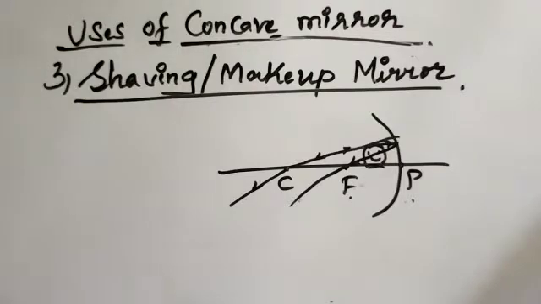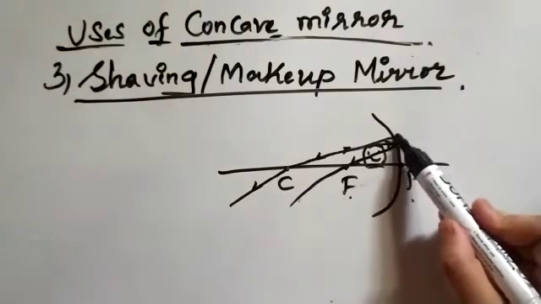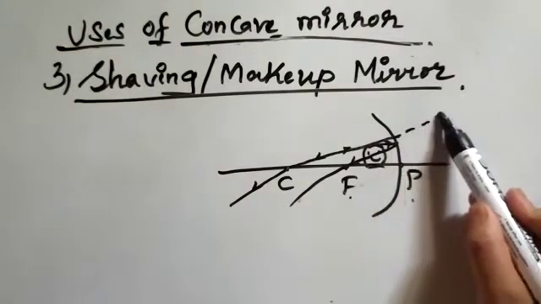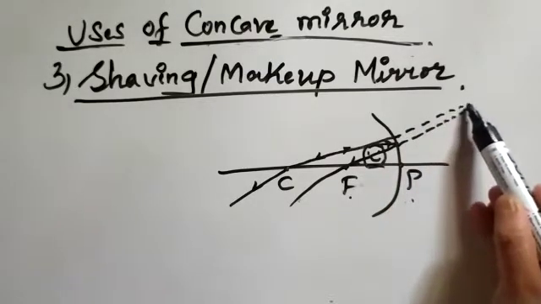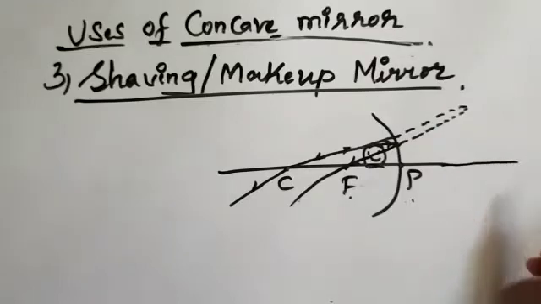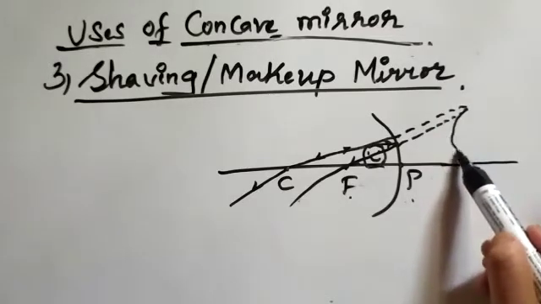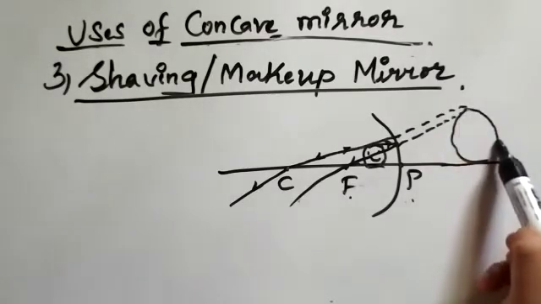So we'll draw an imaginary line, and where this imaginary line meets, that point we consider as where the image is formed.